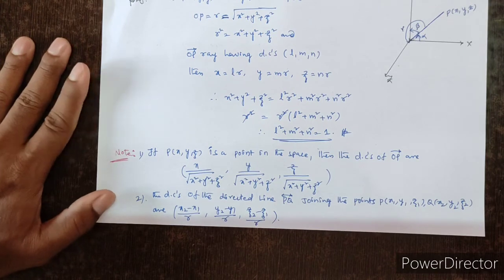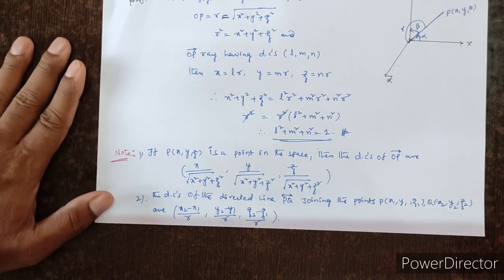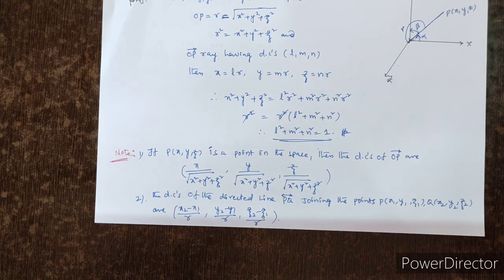So this is the direction cosines of the line joining the points P and Q.